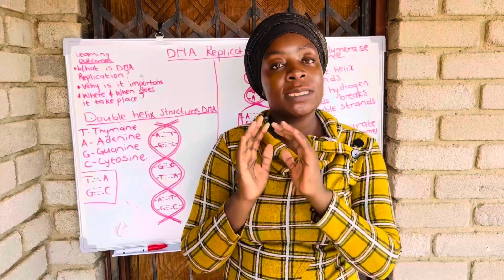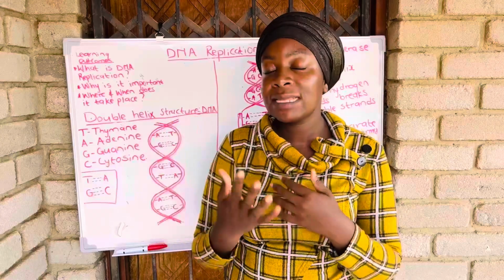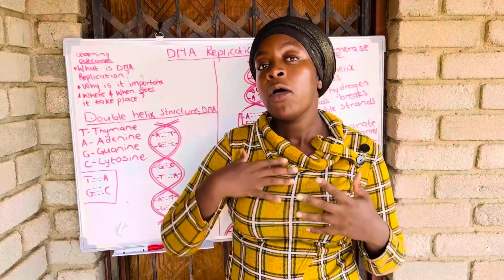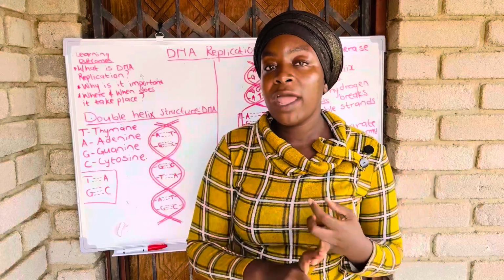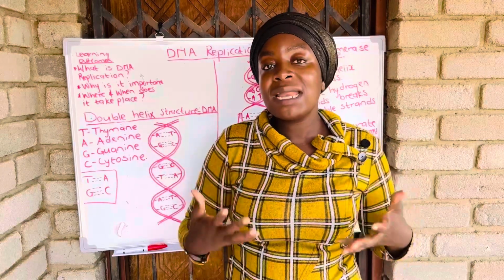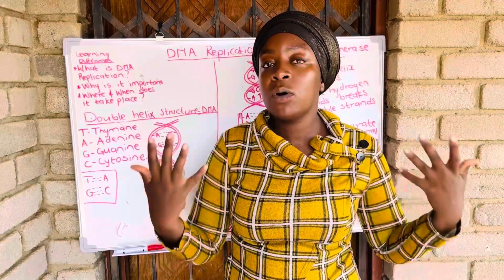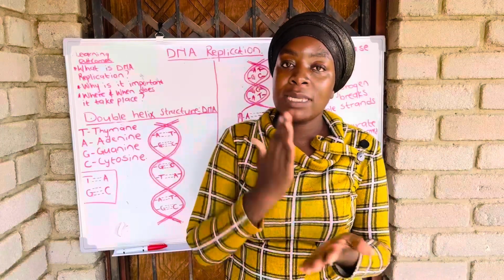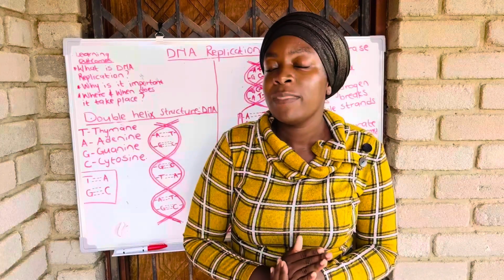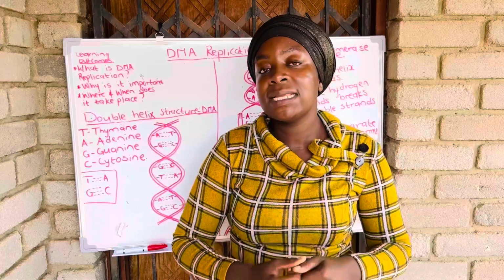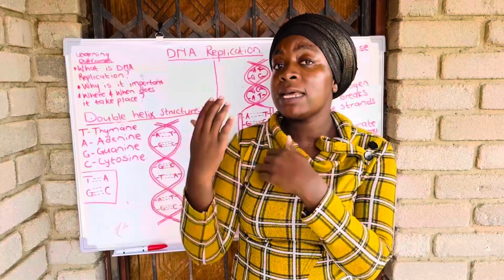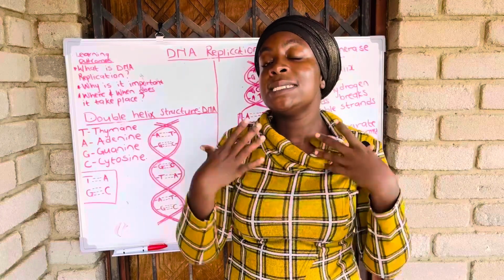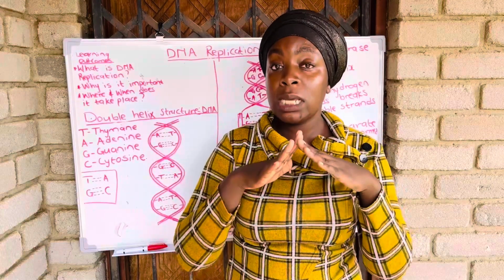Interphase is part of cell division process, which we are going to discuss on the other lesson. So now you got what it is, and then where and when does it take place. Why does it take place? Why is it important? Because we want to double the genetic material. Remember, DNA carries genetic material or genetic information. For us to get the double genetic information, DNA replication needs to take place.